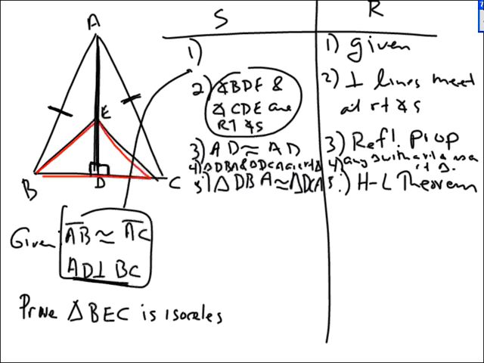Okay, now I can say statement 5, because the two triangles, the one to the left of this line and the one to the right of the line, are both right triangles, and they have a hypotenuse and a leg equal to one another. All right.